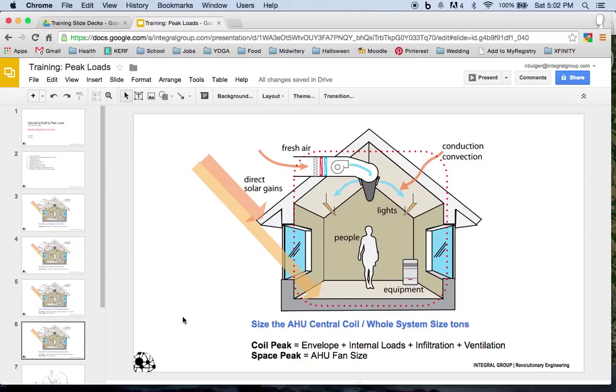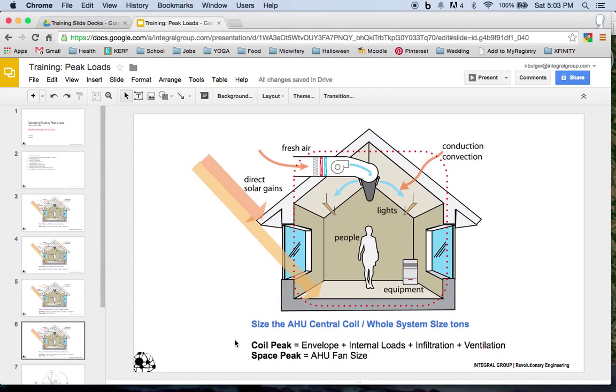So now if it's 80 degrees outside and we need to balance our room at 75 degrees, we need that cooling coil to have enough capacity to be able to condition the volume of fresh air from its outdoor temperature to the space thermostat's temperature, so that would be 75 in this hypothetical scenario. And so you can almost imagine the coil peak as all the other ones plus the space plus ventilation.